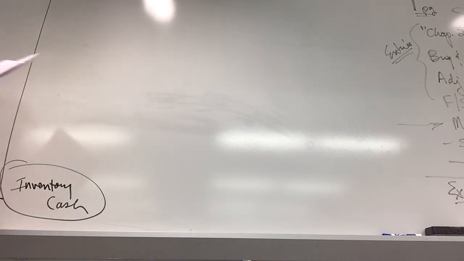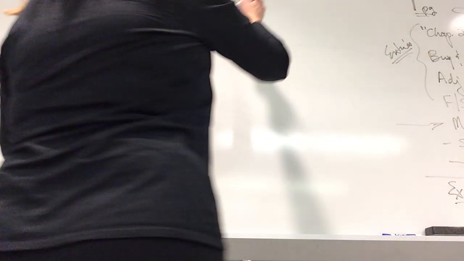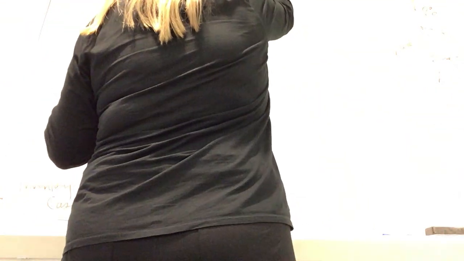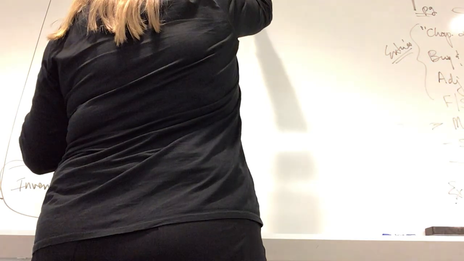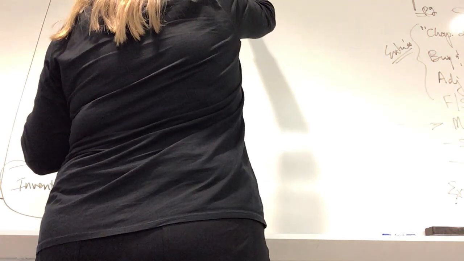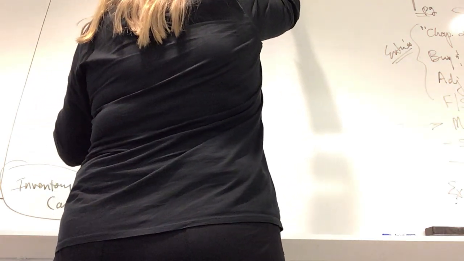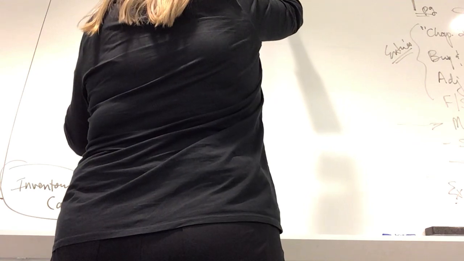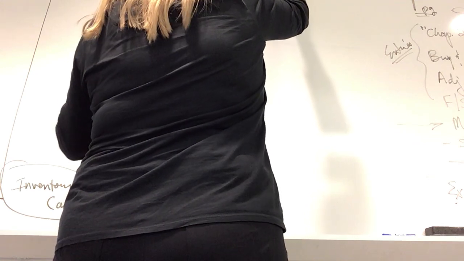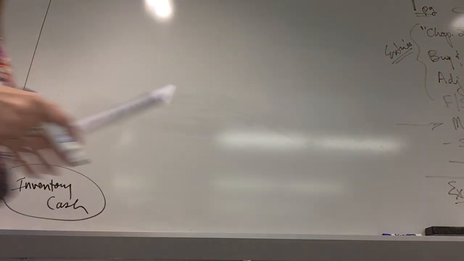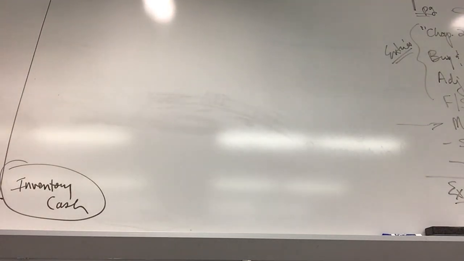Now, the problem gives us two numbers. We sold something, the sales price is $12,000, and it cost us, think of that as what we paid Nike, $5,000. So the problem will give you two numbers. That should help you remember you need two entries.